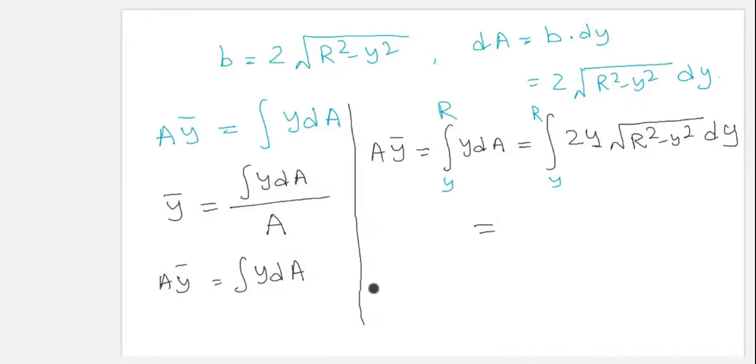So 2 by 3 into r square minus y square whole to power 3 by 2. Good. That's it.